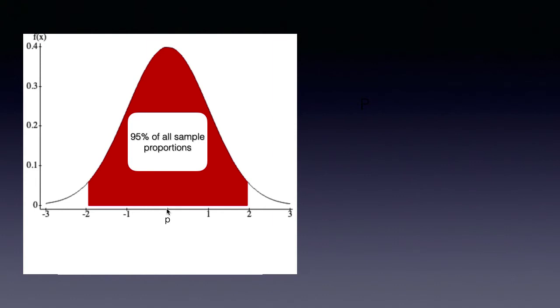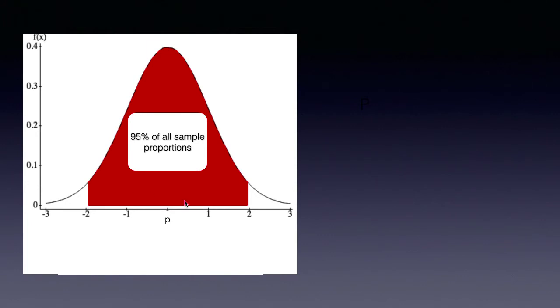So notice if I knew p, then I could come all the way out here to this fence line, if you will, and to the left of this fence line will contain 95% of all of my p hats that I could compute, and they would fall in that red region.